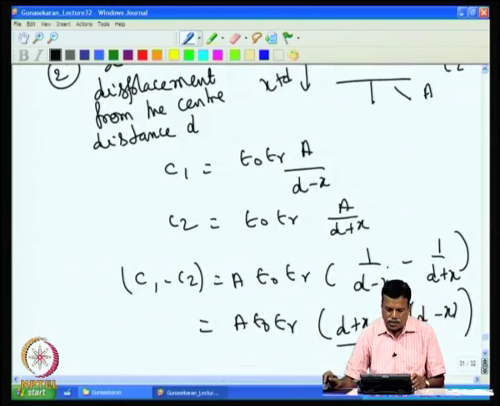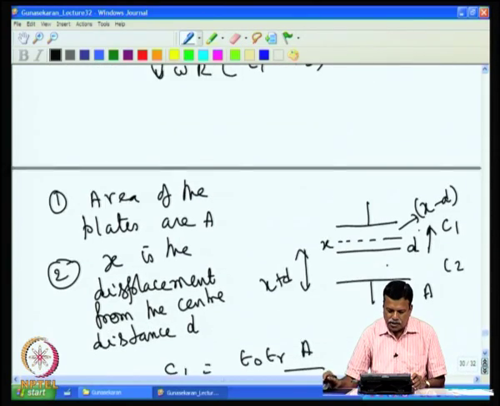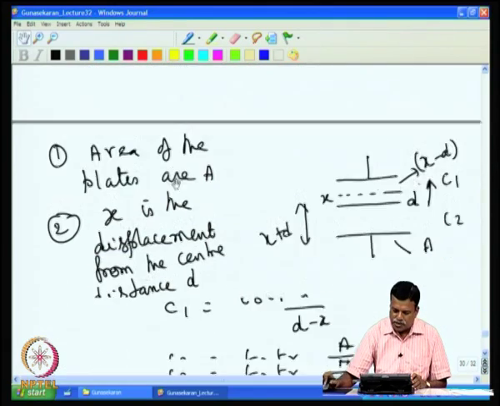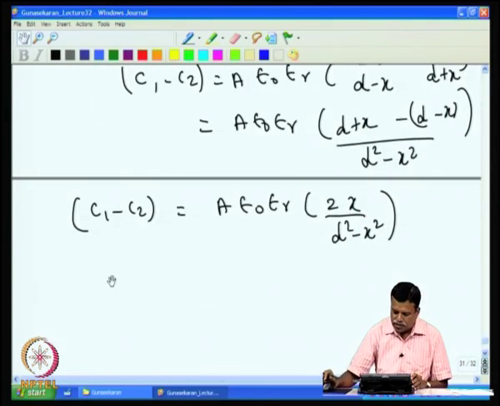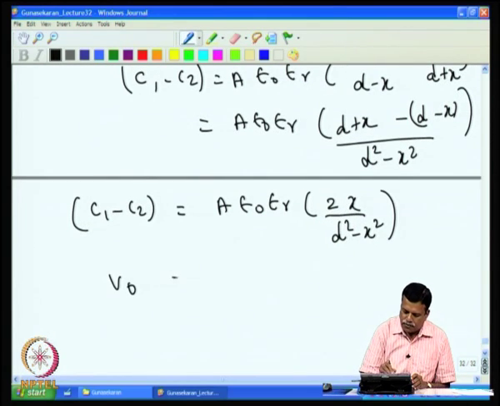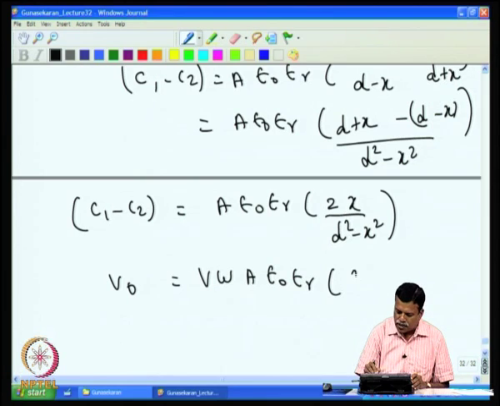Then the output voltage, in this formula we had seen that the output voltage V naught is given by V omega r into C1 minus C2. So, output voltage V naught will be V omega into A epsilon naught epsilon r into 2x by d squared minus x squared.